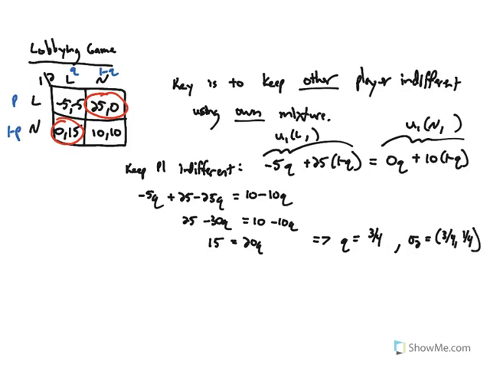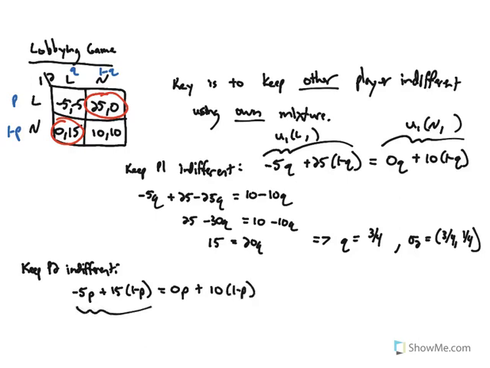And now, to keep player 2 indifferent, we're going to need -5 times P plus 15 times 1 minus P to equal 0 times P plus 10 times 1 minus P. Again, this is the utility to player 2 of playing L, given player 1 is playing P, 1 minus P, probability distribution.